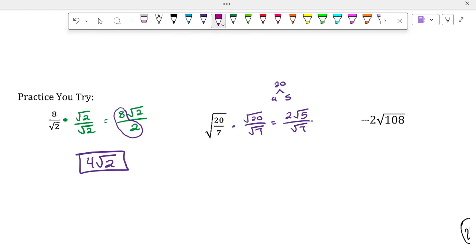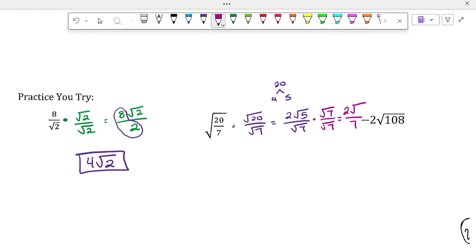Now, gotta get that radical out of the bottom. So what do I multiply the top and the bottom by? Not 7, square root of 7. 7 and square root of 7 are two very different numbers. So the denominator becomes 7, but I would now have 2 times the square root of what up top?